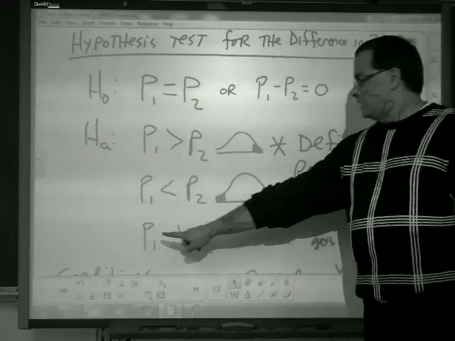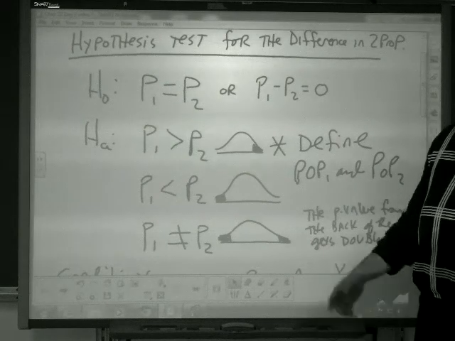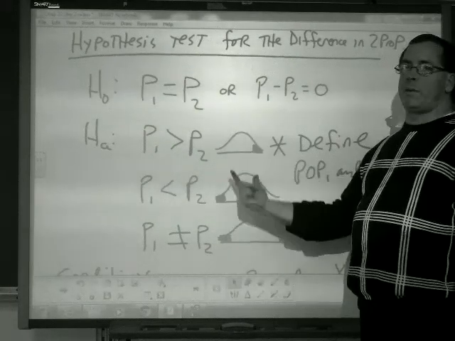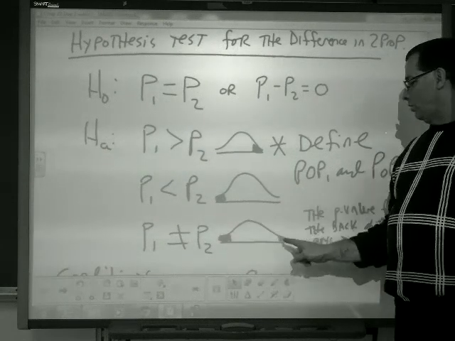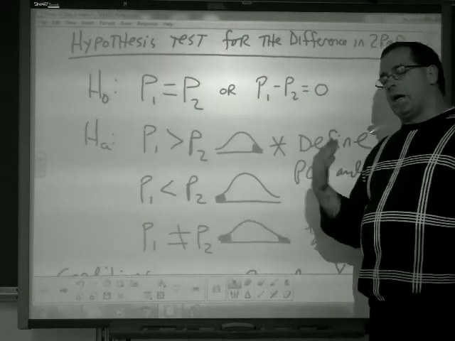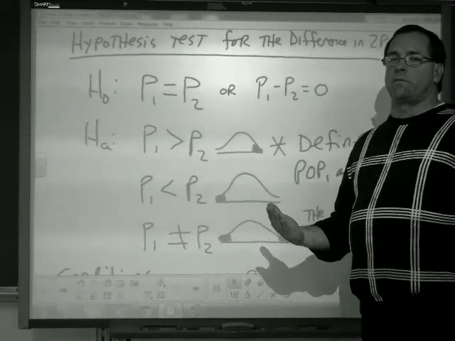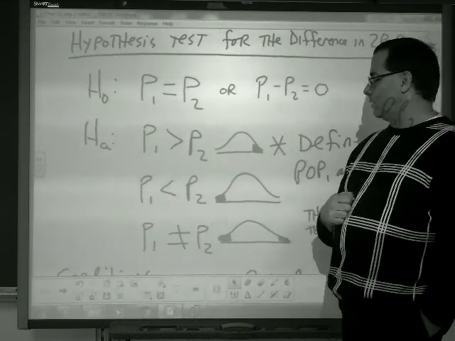That is the not equal to condition, which is the two-tailed test. And if you were reading this from the back of the book, when you got to this value, either high or low, you would have to double it to get your p-value. Most of us aren't choosing to use the back of our book, we're using our calculator. The calculator gives you the doubled value automatically.